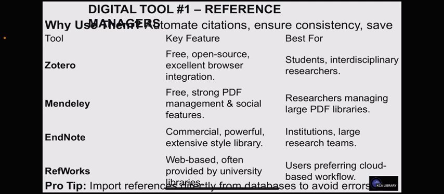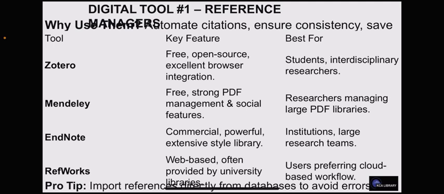We have Zotero, we have Mendeley, we have EndNote, we have RefWorks. So Zotero is free, open source, has excellent browser integration, and it is best used for students and interdisciplinary researchers. Mendeley, on the other hand, is also free, with strong PDF management and social features. It's best used for researchers managing large PDF libraries.